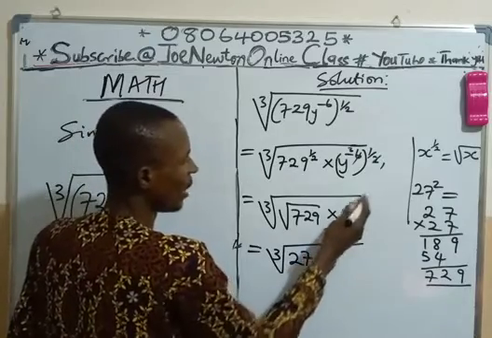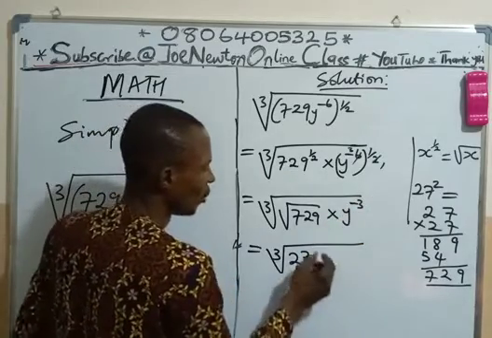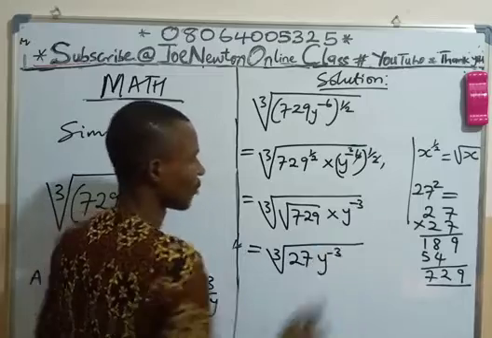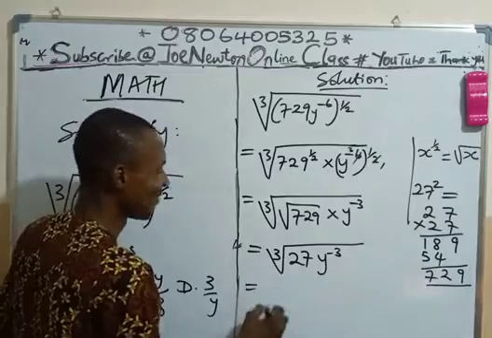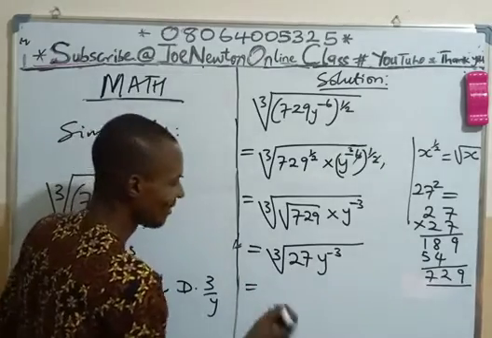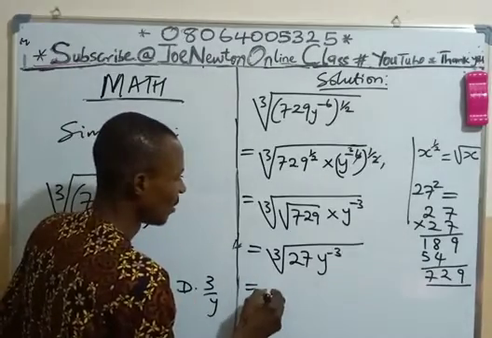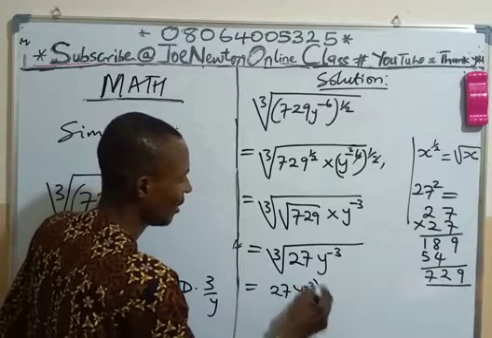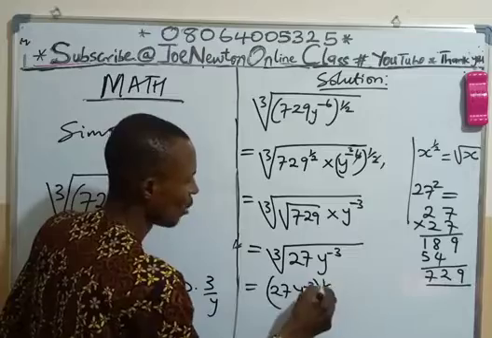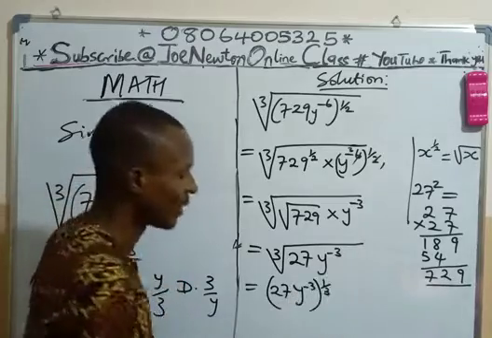Then times y raised to power minus 3 will give us 27y power minus 3. Very simple. Then further, in other words, 27y raised to power minus 3 into 1 over 3, to power 1 over 3.